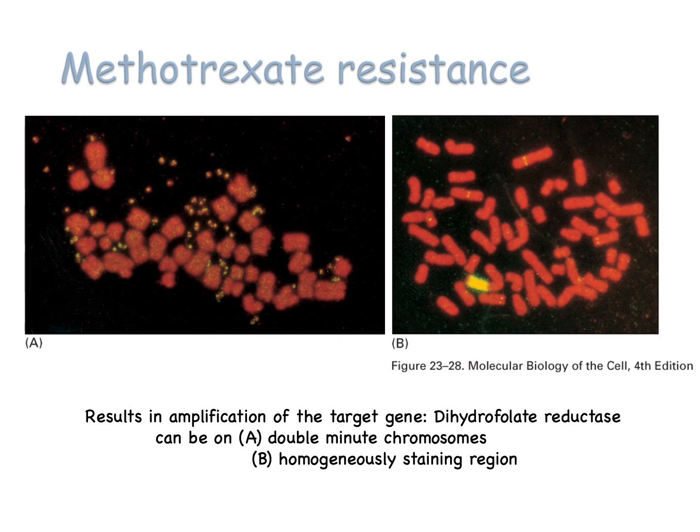Now this is much more stable, and so removing the drug from cells that have an HSR generally does not, these cells don't lose resistance to methotrexate, at least over short periods of time, not like the double minutes do.